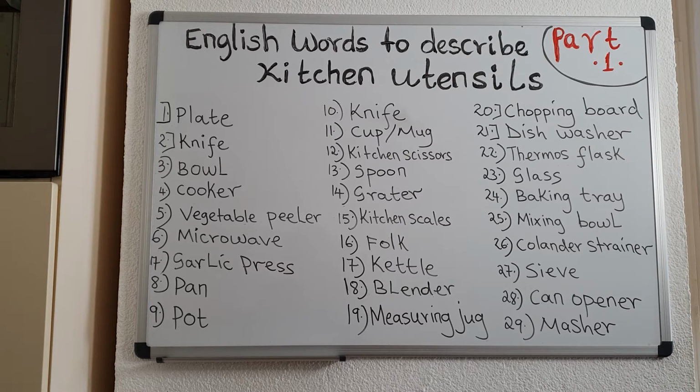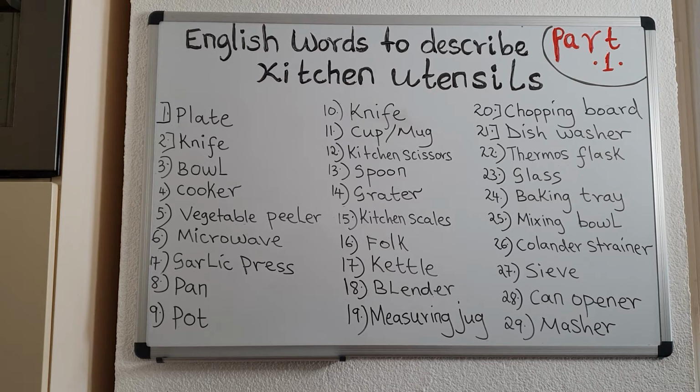The next one is microwave. We use a microwave to heat up food. You have already cooked your food, and later on the food has cooled down, and you don't want to use the cooker to heat up all the food.